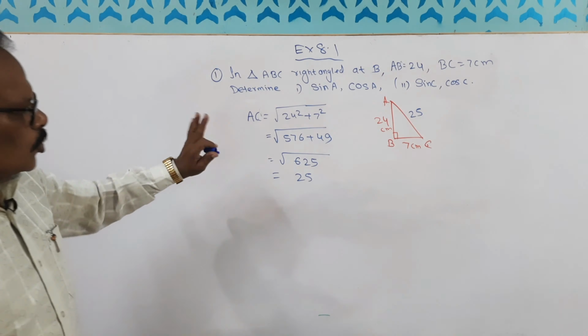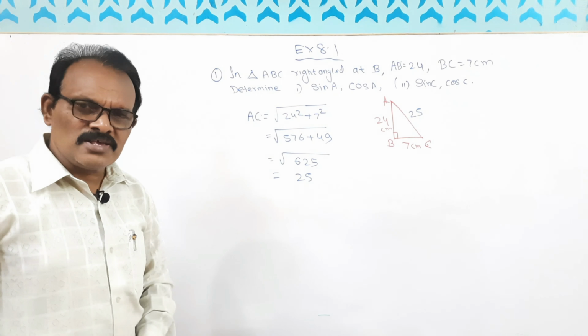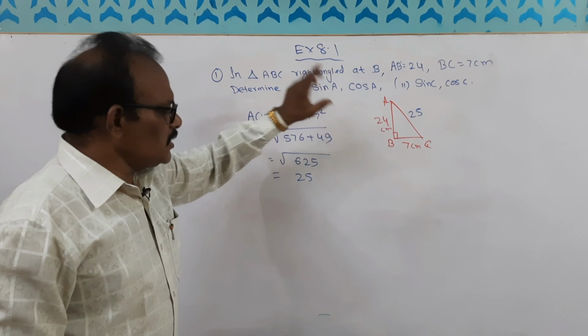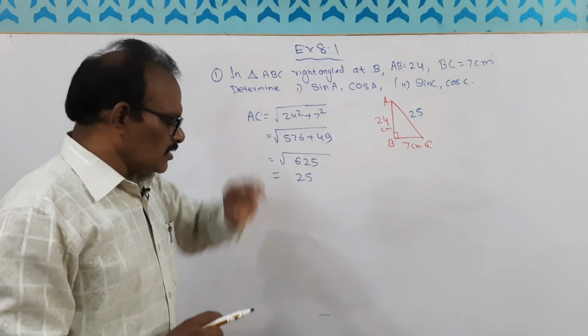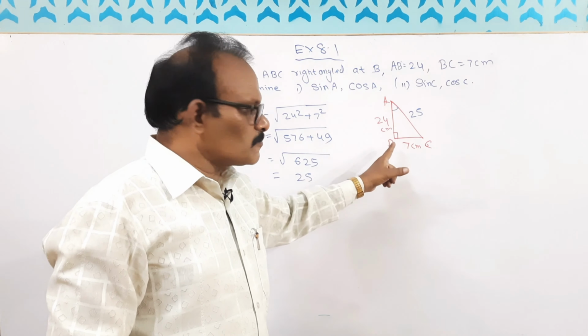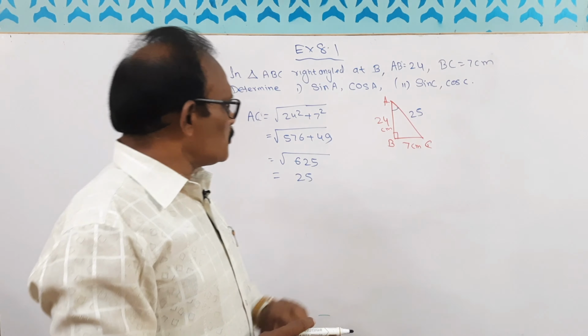This is common in maximum sums of this exercise. Now what is asked? Sine A. Sine A means this angle. If this is the angle, that means this side is the base, and then this is the perpendicular.